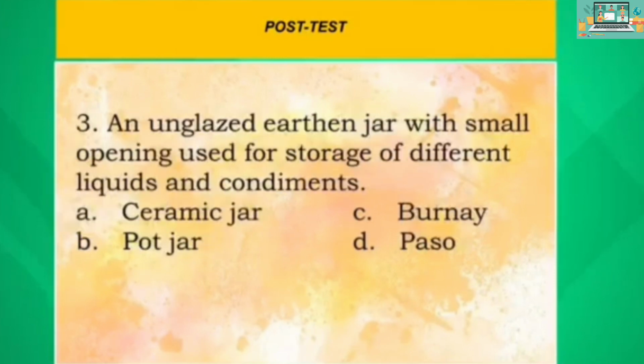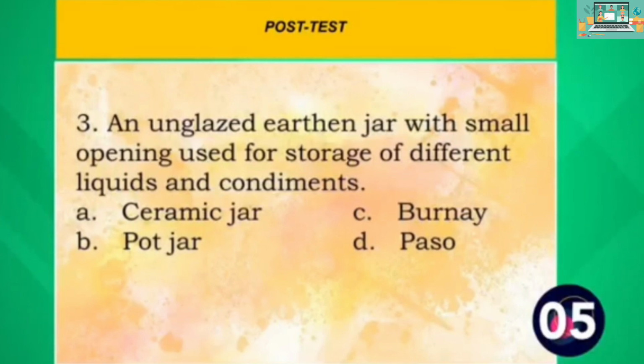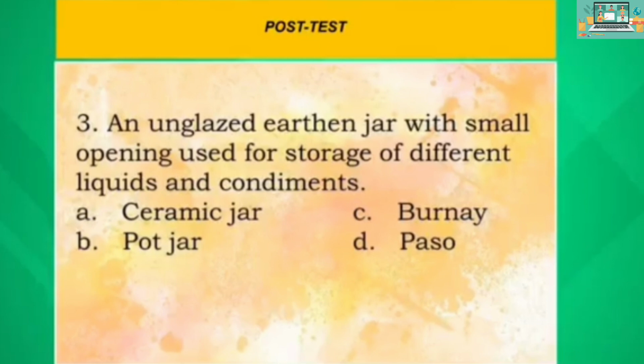Number 3, an unglazed earthen jar with small opening used for storage of different liquids and condiments. A. Ceramic jar, B. Pot jar, C. Burnay, D. Paso. And the correct answer is letter C, Burnay.